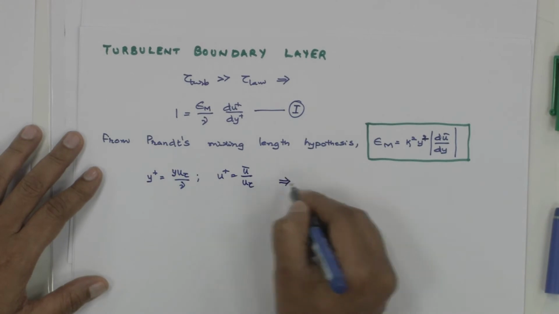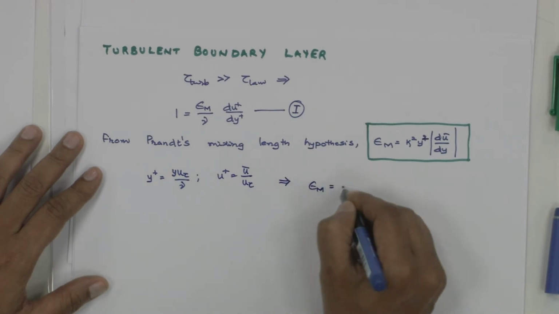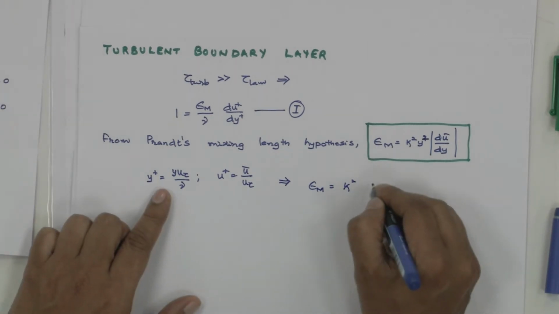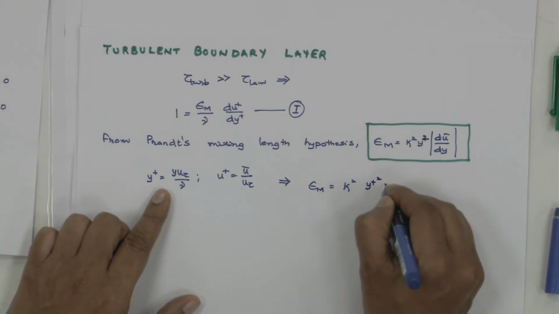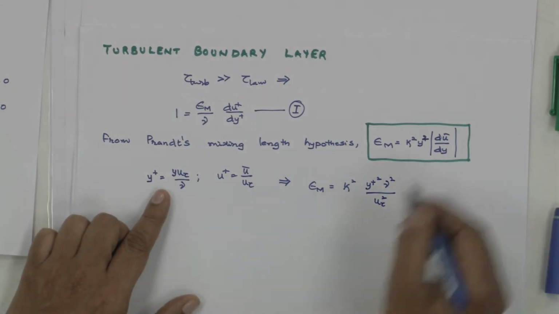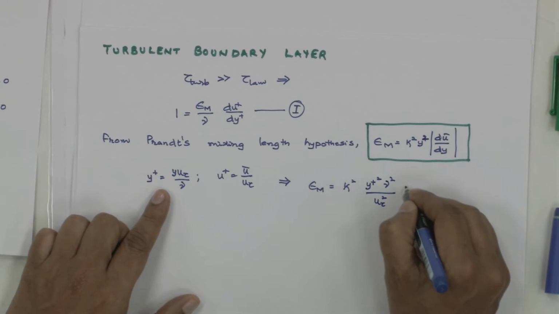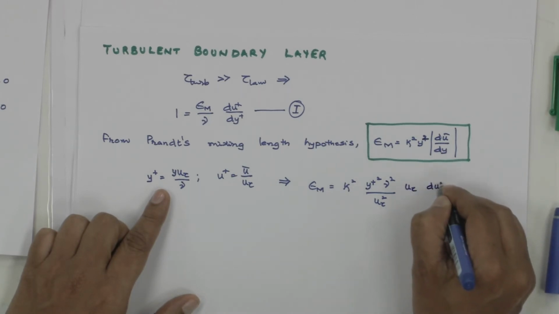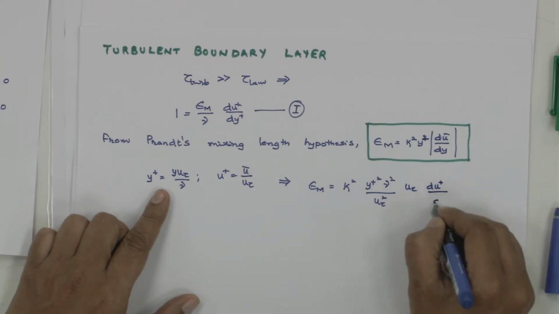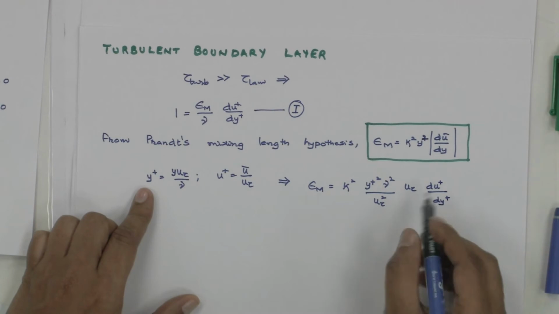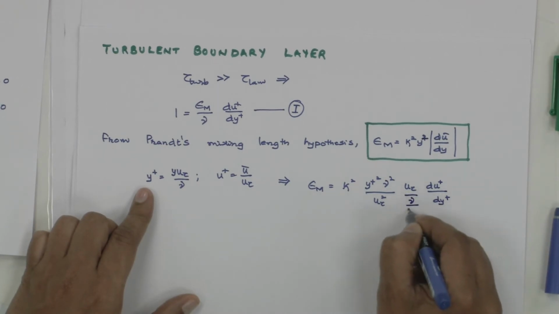So, this implies that epsilon m equal to kappa squared, y squared can be written as y plus squared nu squared upon u tau squared, and du bar can be written as u tau du plus upon dy plus, y can be written as y plus nu upon u tau.